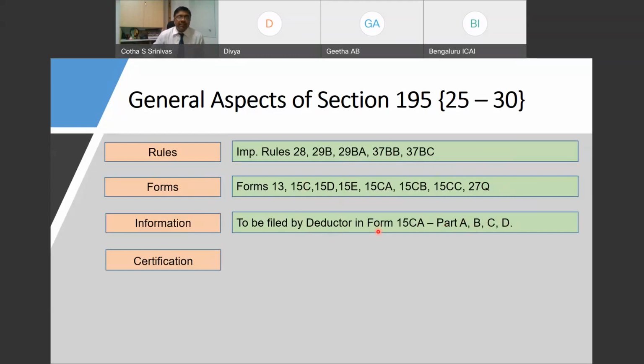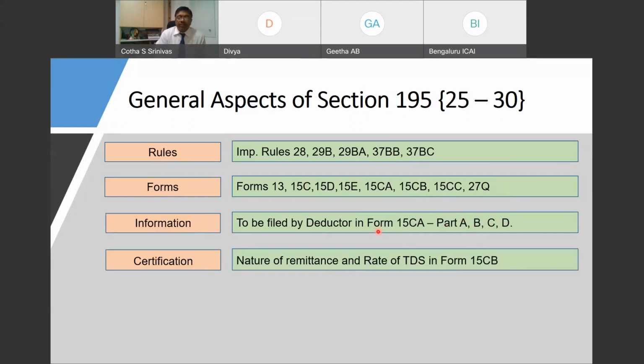Then certification: for resident TDS, there is no need for certification, but for non-resident payments under section 195, wherever it is required, only for Part C, wherever the situation warrants Part C of Form 15CA, Form 15CB is required. That is the Chartered Accountant certificate. And what do we certify in Form 15CB? Two things: one is the nature of remittance and the rate of TDS.